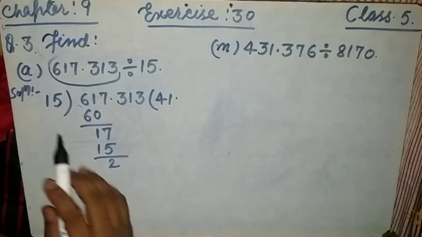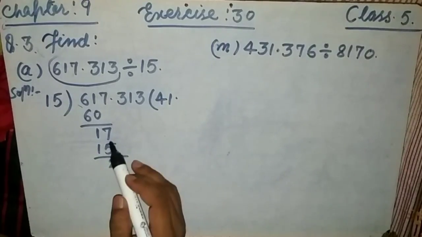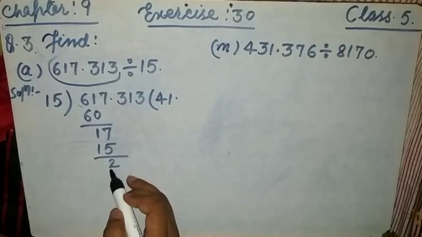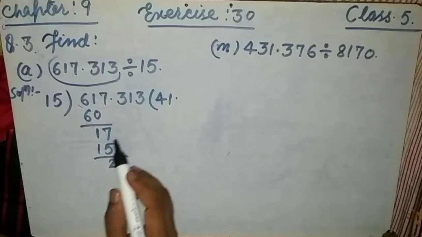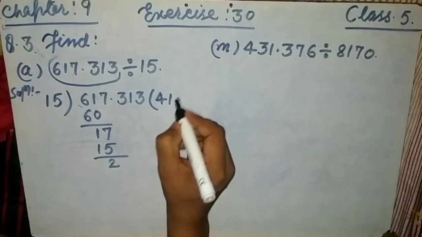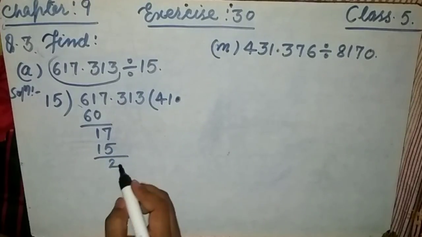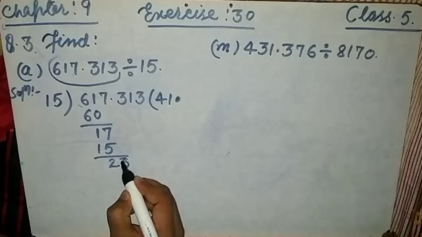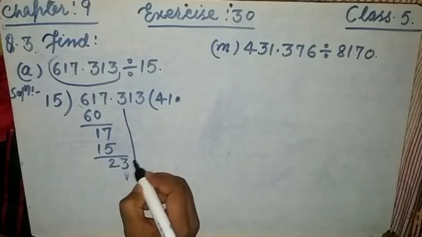Now 15 once is 15, so 2 is the balance. Now here we put the decimal. Now write the digits one by one. Here the 3.